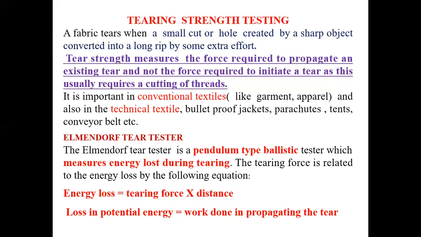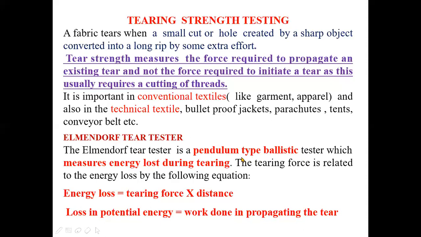That means since it is working on the principle of impact force, it is known as the ballistic tester, right? So again, it is a ballistic tester because a high amount of force is applied, but the duration of force is very small. Now let us see why it is pendulum type. You know the pendulum moves to and fro.